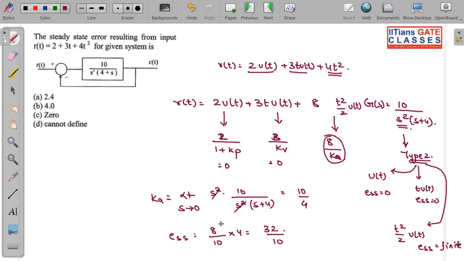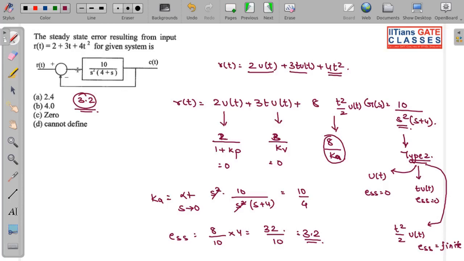ESS is equal to 8 divided by 10 by 4, so this comes out to be 3.2. This is correct, but in the options there is nothing matching. So basically the options are wrong over here. There should have been 3.2, so you can see 3.2 is the correct answer for this question.